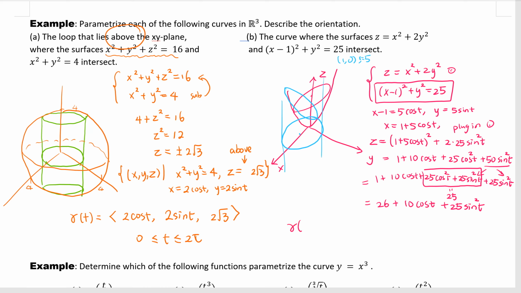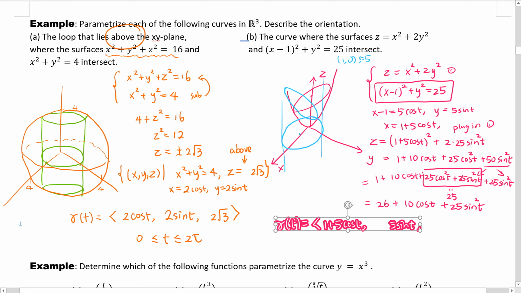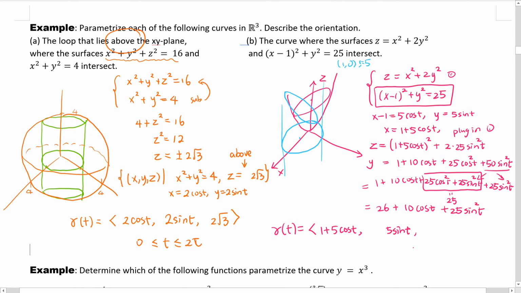Okay, so now we have got x is 1 plus 5 cosine t, y is 5 sine t, and z equals 26 plus 10 cosine t plus 25 sine t squared.